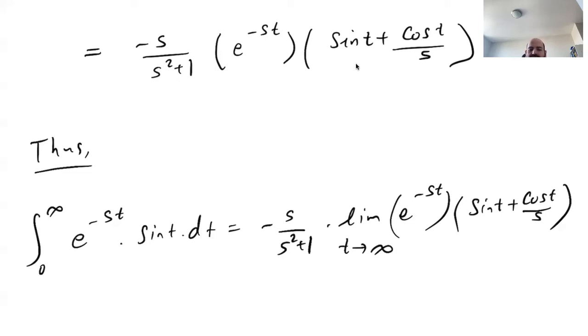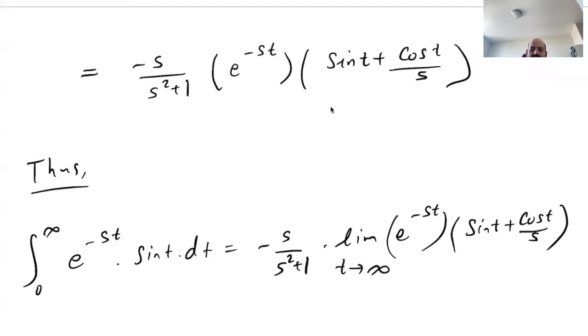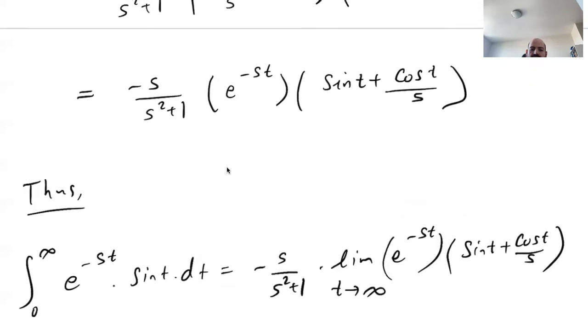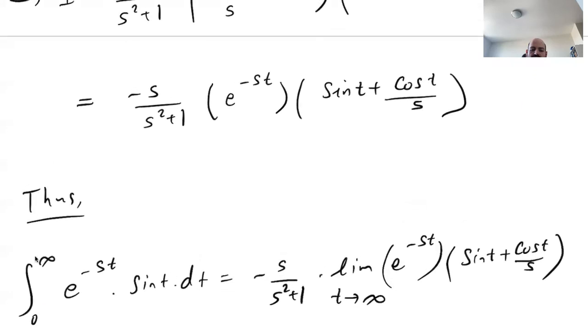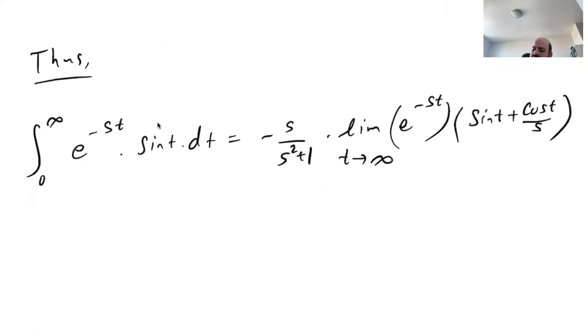But it's minus that, because if I want to find the integral 0 to infinity, I need to evaluate the antiderivative at infinity minus the antiderivative at 0. Antiderivative at 0 is minus 1 over s squared plus 1, but it's minus that, so it becomes plus 1 over s squared plus 1. So it becomes this term plus 1 over s squared plus 1.